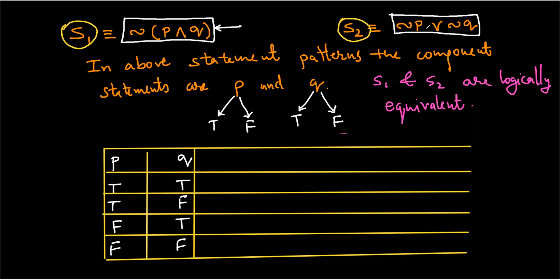If you remember, while constructing the truth table, after P and Q, next we go for negation. So the next column is negation P, then negation Q, and then I will go for P and Q.